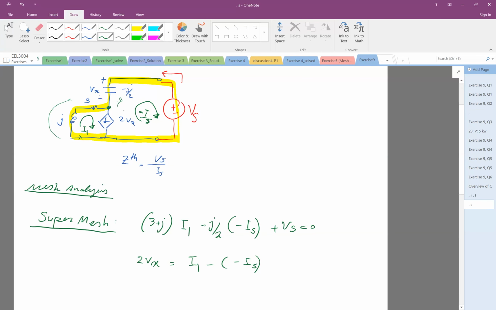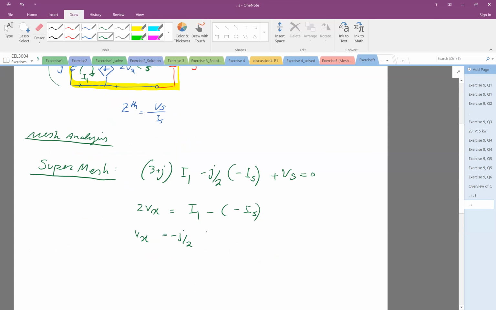But also, what is Vx? Vx was the voltage across the capacitor, negative J over 2 times Is. Okay, so if I just put everything together, this is our main equation, right? It has Vs, it has Is, so I have to get rid of I1. But what is I1? I1 has Is, which is good, but also has 2Vx, and Vx is this. So basically we go step by step. Instead of Vx, we put it here.